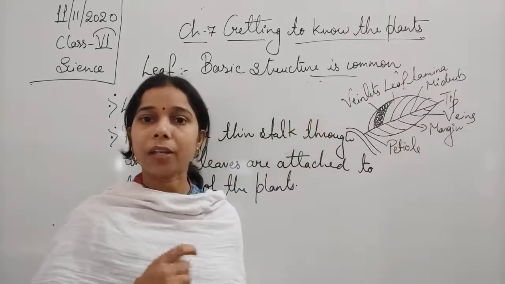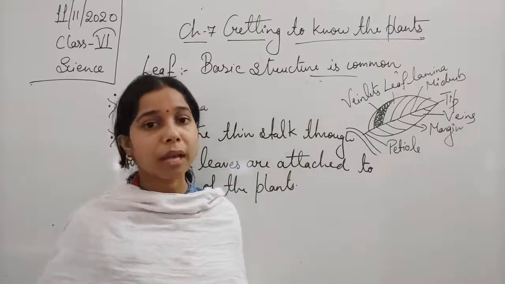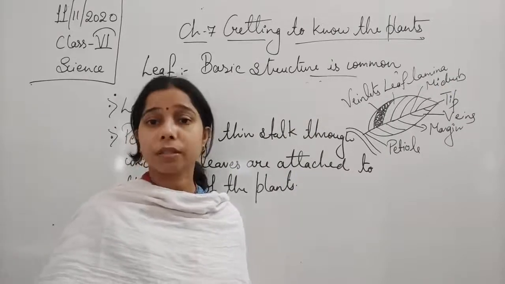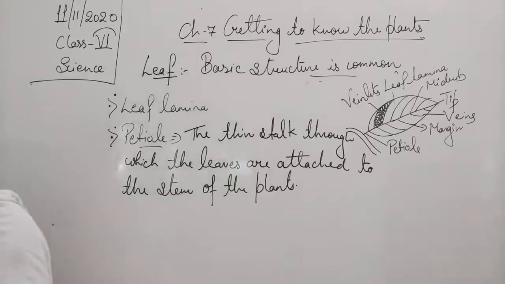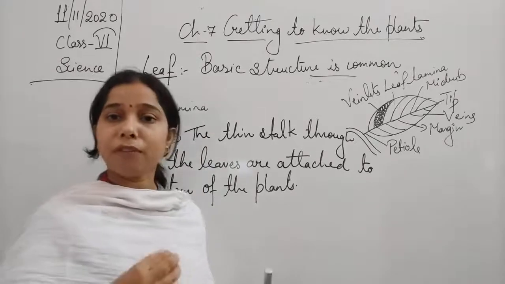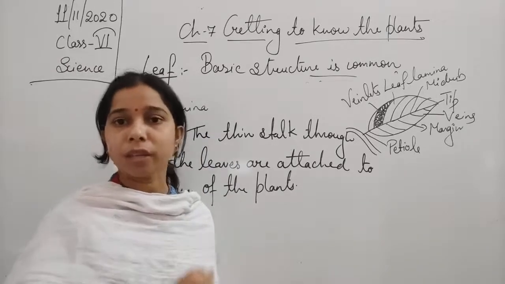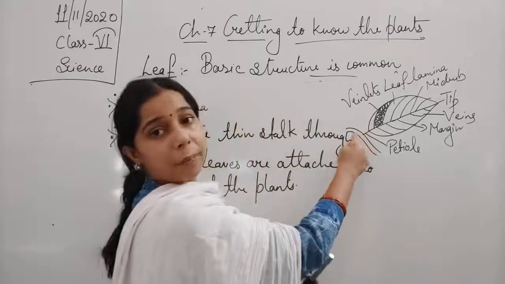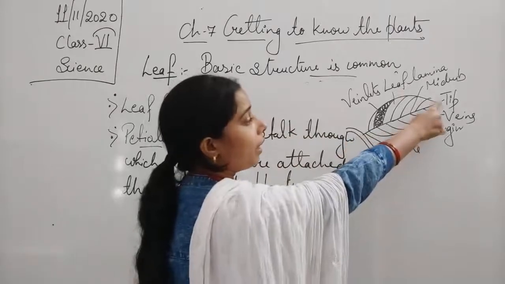Because vein is what used to carry things, either the water or the minerals. So these are the veins which are responsible for carrying the water and minerals to the leaves. So this is the main vein, students, which started from the petiole and reaches to the tip of the plant.